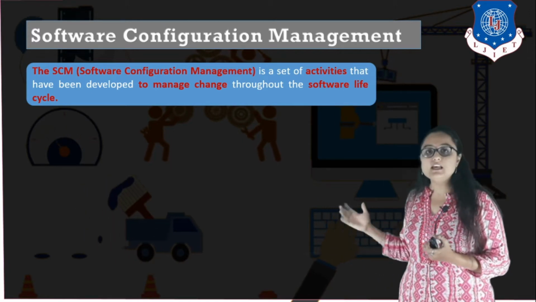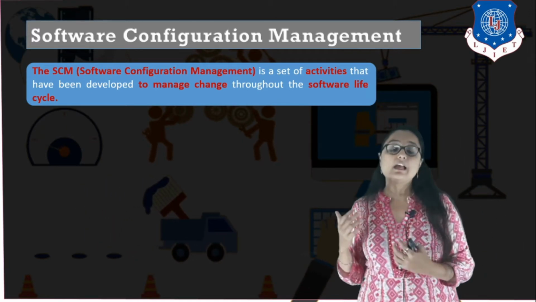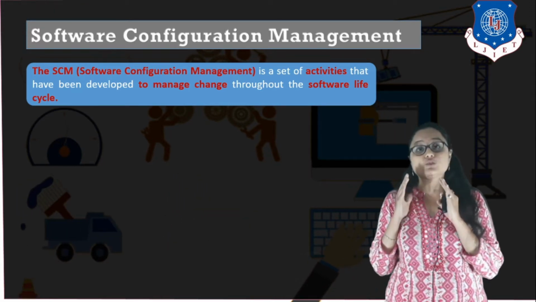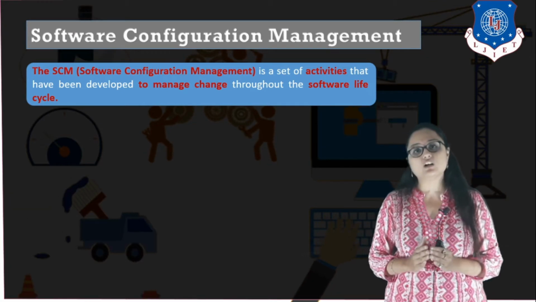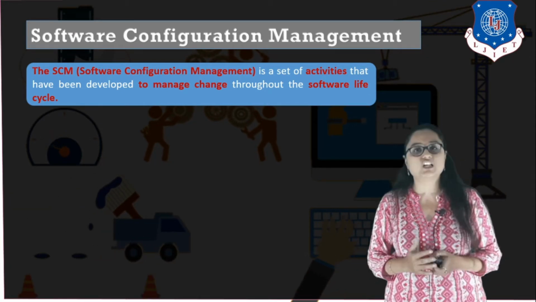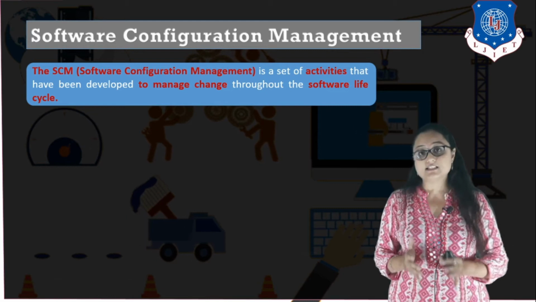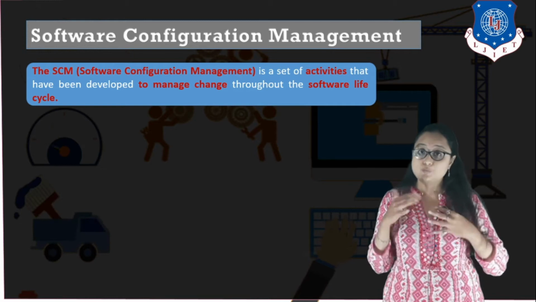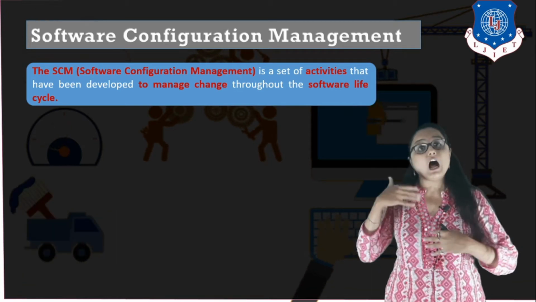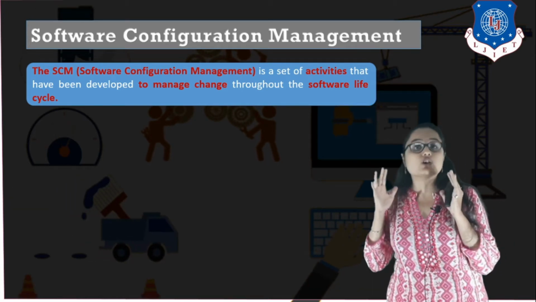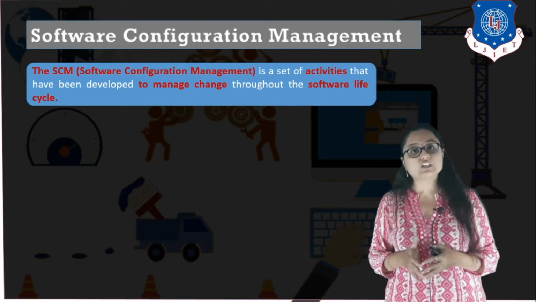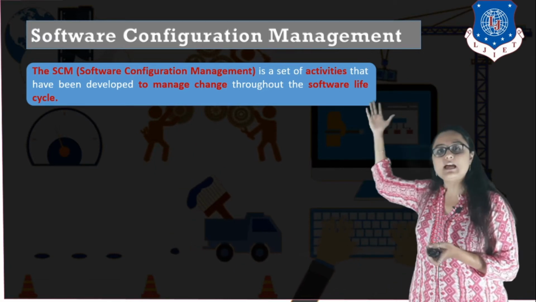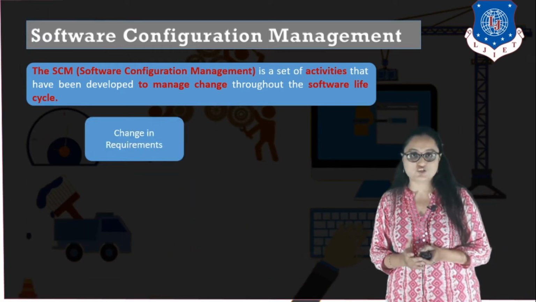So there will be occurrences of change every now and then, but we have to maintain the consistency of our software with respect to those changes, and all the activities that we perform, starting from whether we should actually accommodate that change or not, to after applying the change what is the actual version of our software or the configuration item that we have changed, everything combined is known as software configuration management.